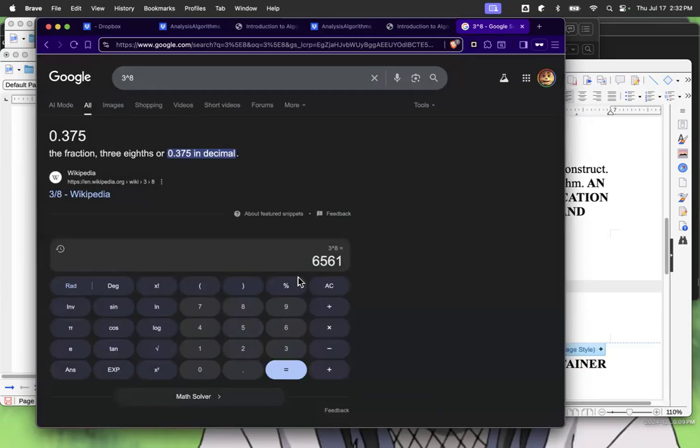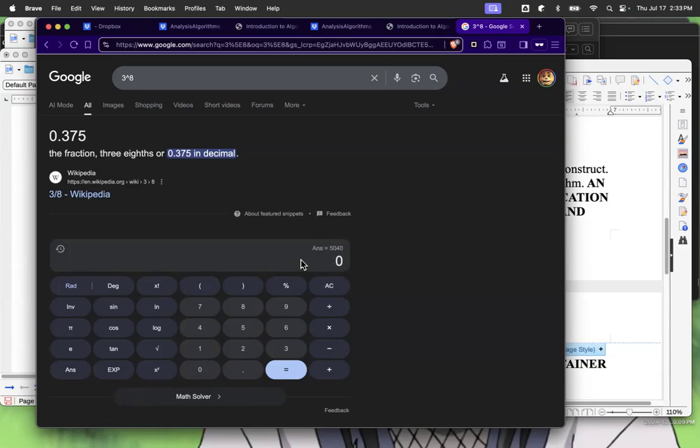And now 8 factorial gives me that. 3 to the 7th gives me that. 7 factorial gives me that.